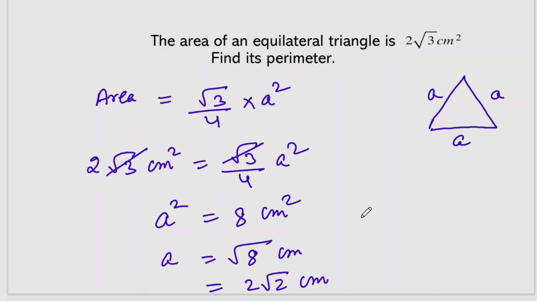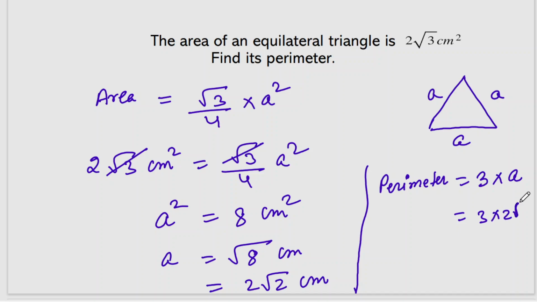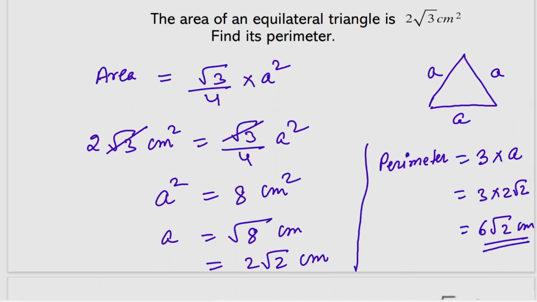Now they are asking you to find the perimeter. So perimeter of an equilateral triangle is, since all the sides are equal, 3 into a. So it is 3 into 2 root 2. So it is 6 root 2 centimeter. Okay. Next question.